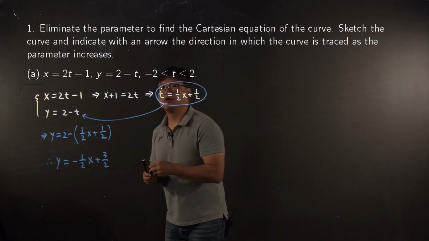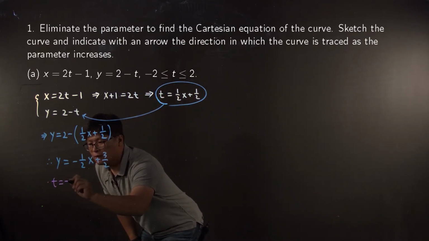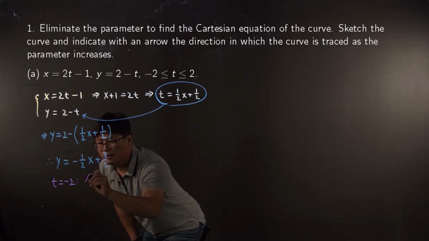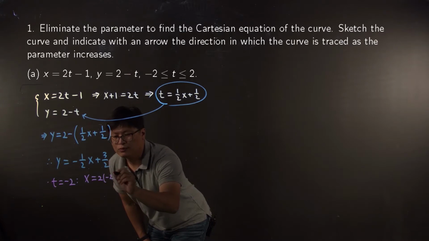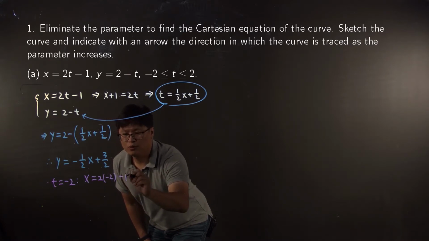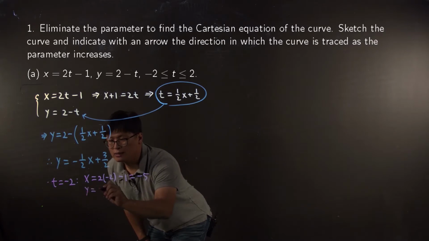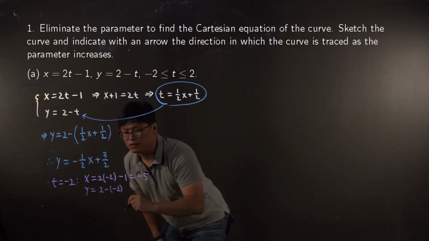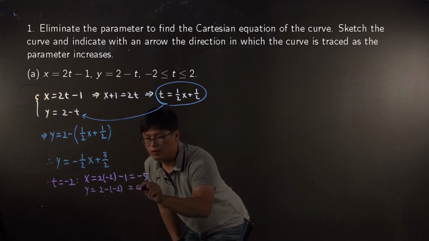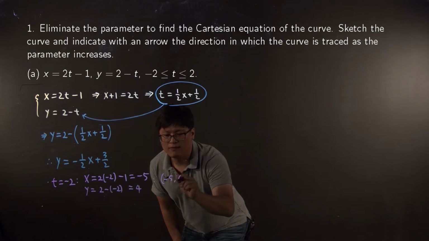First of all, let me plug in t equal to -2. Then your x is equal to 2 times -2 minus 1, which is -5. And your y is 2 minus -2, and double minus is plus, which is 4. So your first point is (-5, 4).